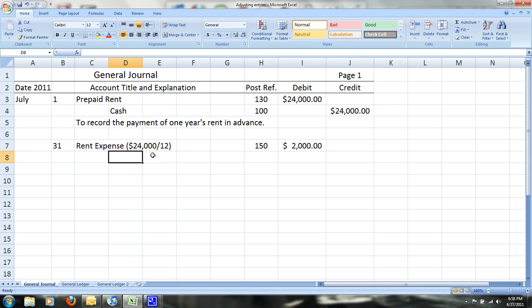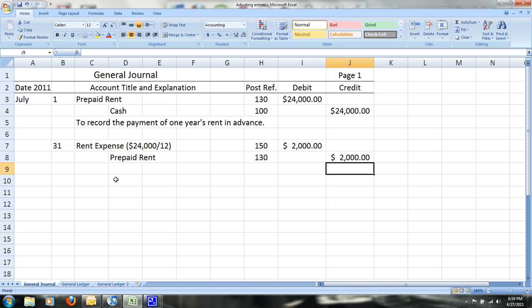And then we're going to do prepaid rent as our next account. And that one was post reference 130. And we're going to be taking away from that, so we're just going to credit it $2,000. Okay.